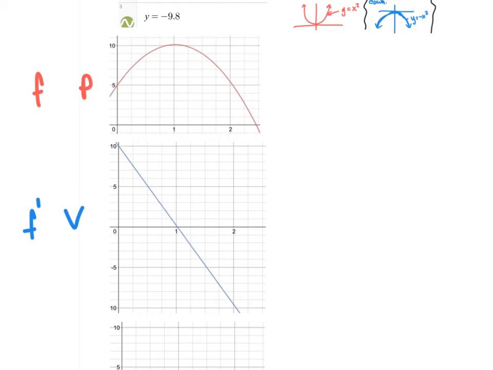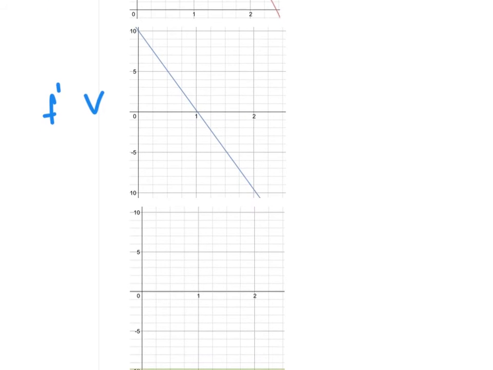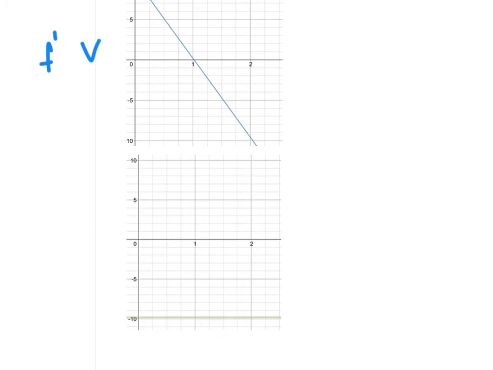The object slows down, and at maximum height the velocity is 0. Then the velocity turns negative because the object is going down, and the object speeds up. This is all due to acceleration. If we take the derivative of our velocity, we get acceleration, which is our second derivative.